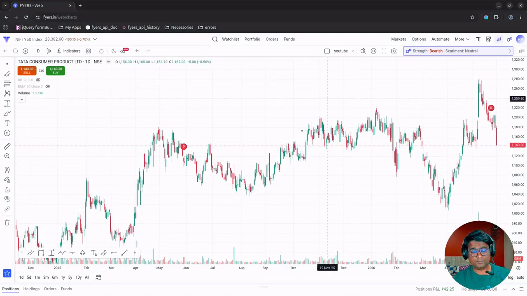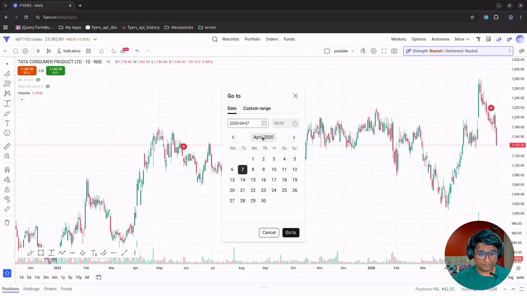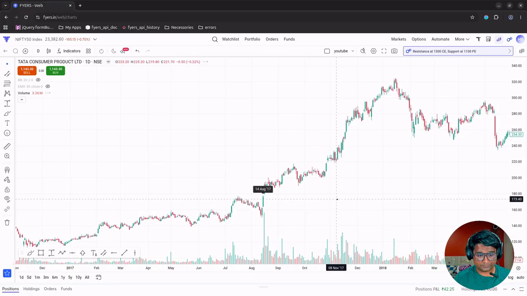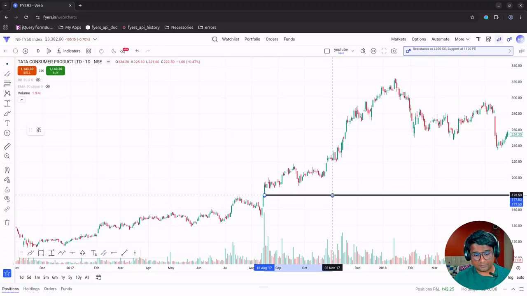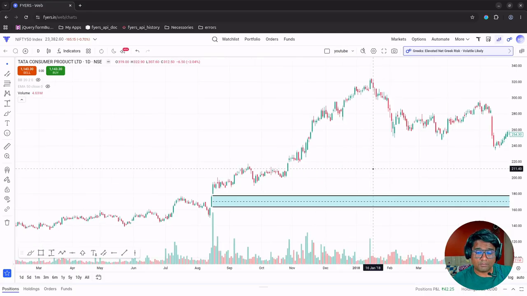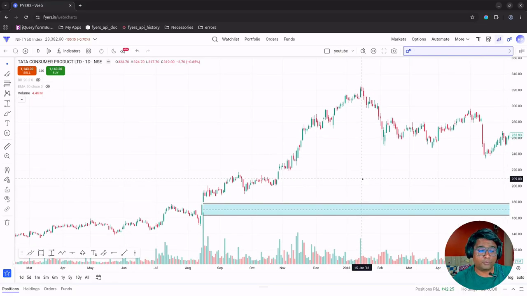Yes, this is the 14th August 17. See, right here. A single candle confirms the future rally with massive momentum.